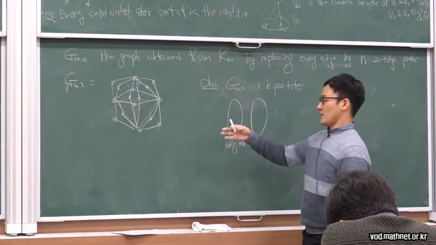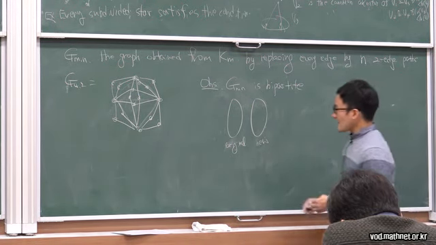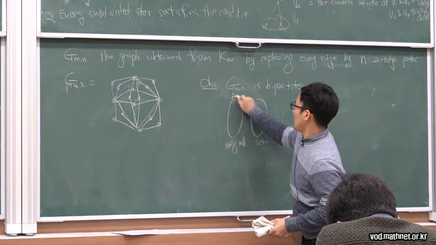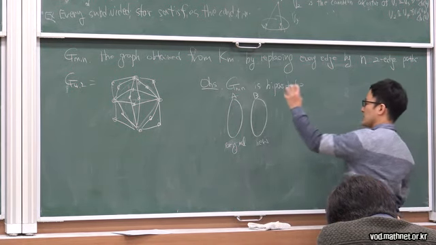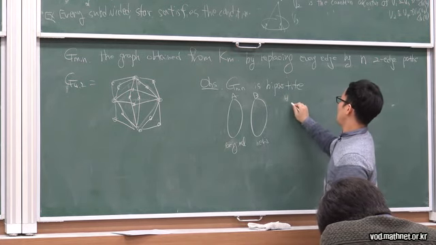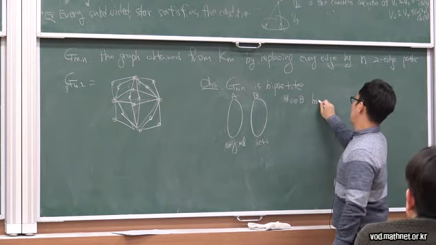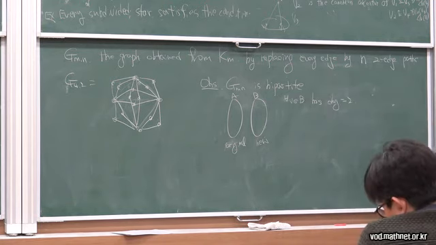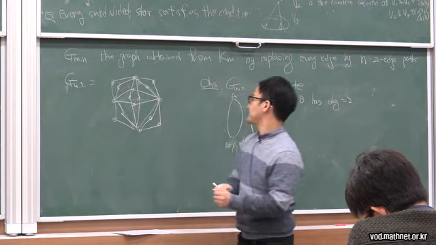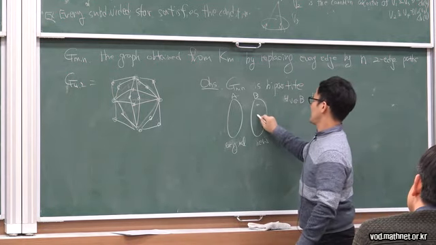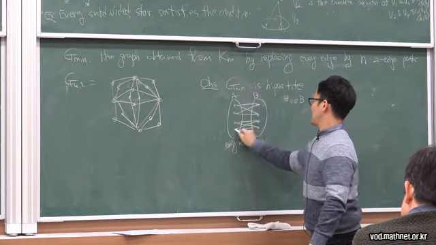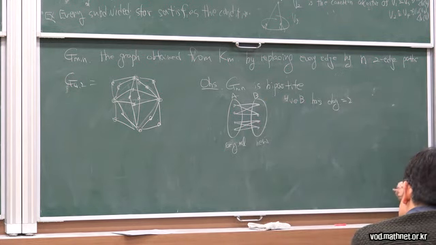So this partition gives you a bipartite graph, with parts A and B. Every vertex in B has degree 2, because every new vertex has only 2 neighbors.